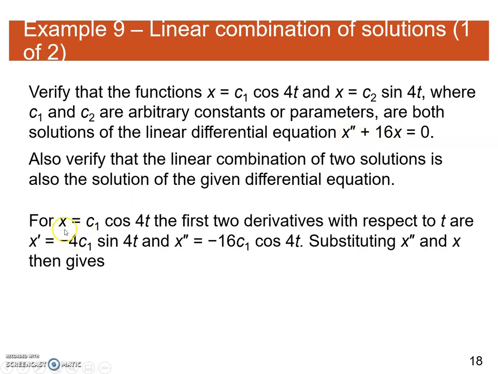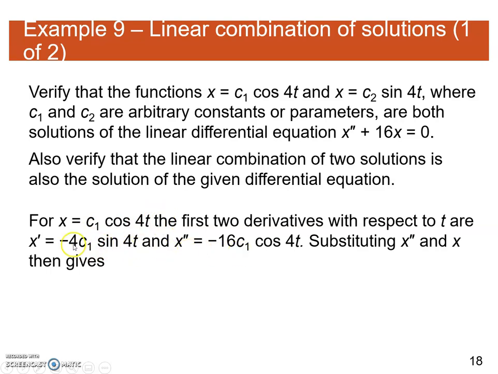If x = c1 cos(4t), the given solution, its first derivative will be -4c1 sin(4t). The minus comes from the derivative of cosine, which is minus sine, and the 4 comes from the chain rule, since the derivative of 4t is 4.